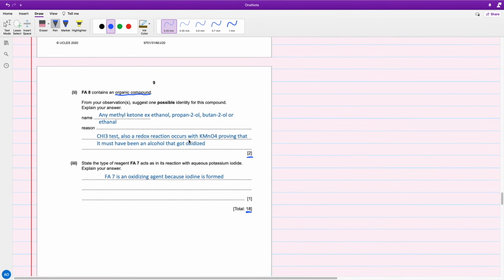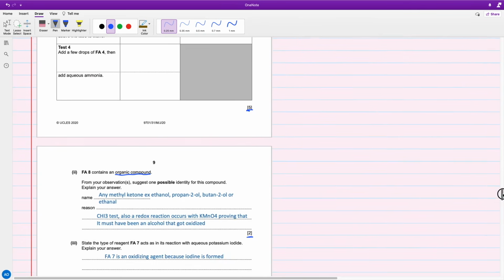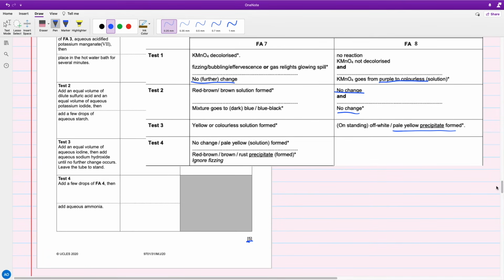So state the type of reagent FA7 acts as in its reaction with aqueous potassium iodide. It acts as an oxidizing agent because iodine is formed. If you go up here we have potassium iodide, and we're adding starch. So starch, the starch test from bio class, it tests for the presence of iodine, and you can do the opposite.